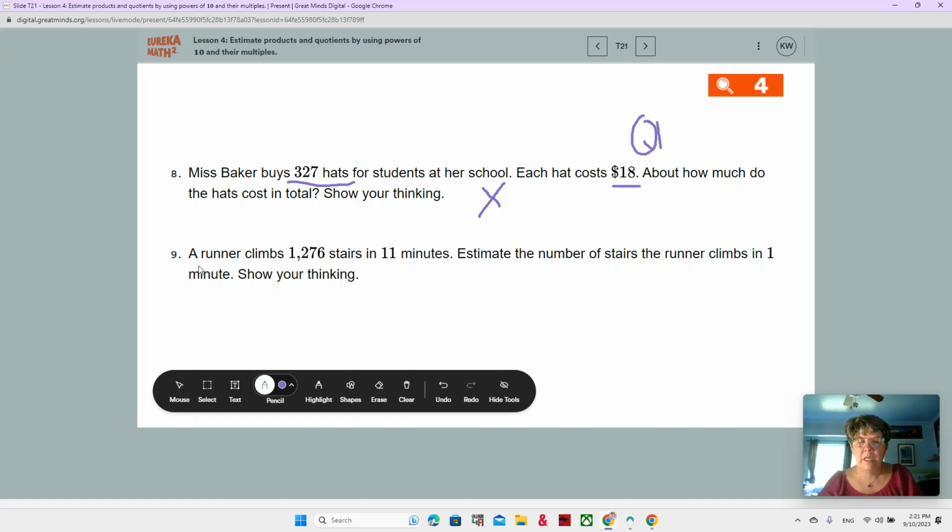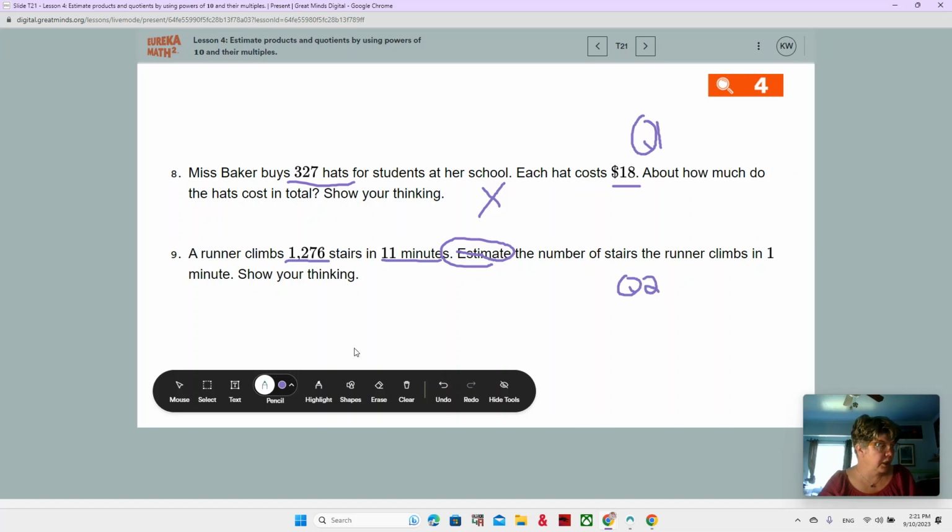Then this one, a runner climbs 1,276 stairs in 11 minutes. Estimate the number of stairs the runner climbs in 1 minute. And it says right here, estimate. Okay, and these are on page 39 in your book, but they're also going to be in Edpuzzle question 1 and question 2.